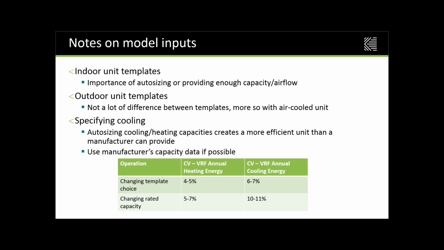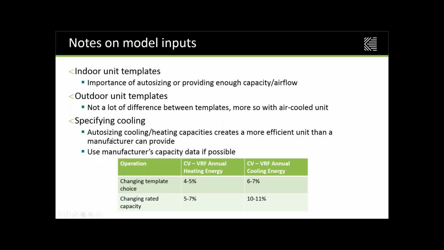Basically, if we don't get manufacturer's data and we let that auto size, then all those multiplicative curves that I mentioned earlier think we are closer to peak conditions than we actually are, because auto sizing will model a unit that's perfectly sized to the peak of our building, but we can't go buy a unit that size because the units only come in certain increments of tons or BTUs or whatever.